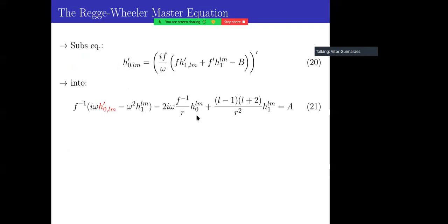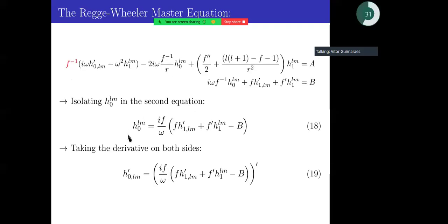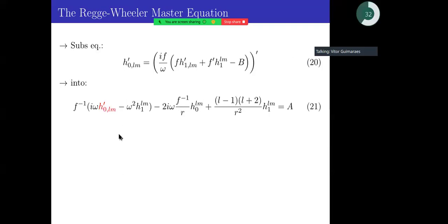I'm going to correct this. So we need to substitute H0 and H0 prime, so that we have an equation that only depends on first and second derivatives of H1. That only depends on H1. We are getting rid of the dependence on H0. That is all we are doing.